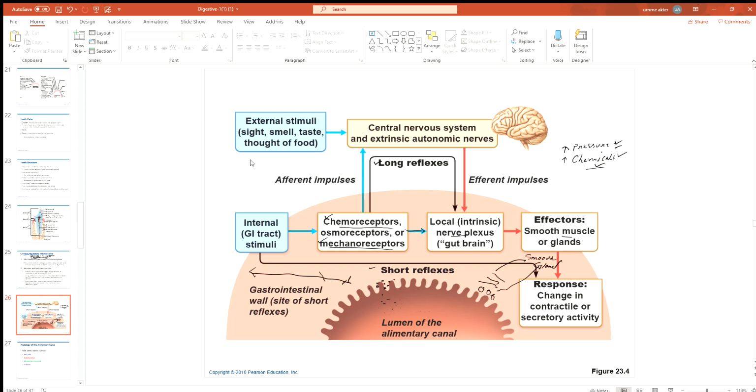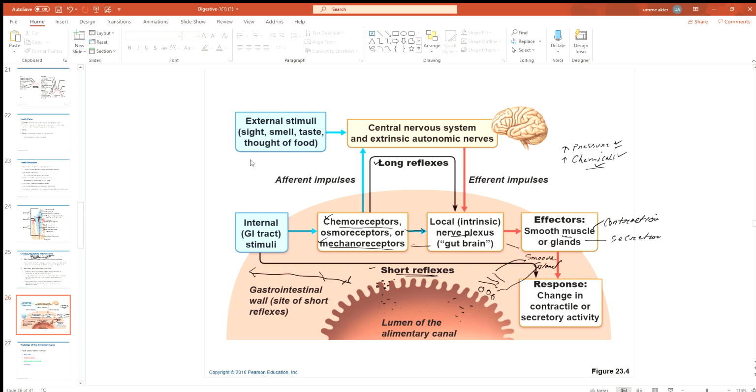The nerve plexus will send signal to the smooth muscle to cause the contraction. Muscle will cause the contraction, you know that, right? And the glands will be stimulated and will cause the secretion. So contraction and secretion will occur. And you see here, the signal stays inside the wall of the GI tract. That's why this is called a short reflex.